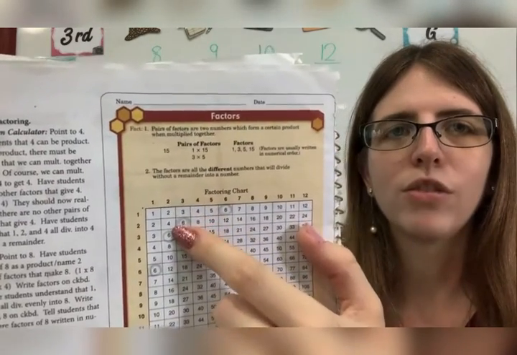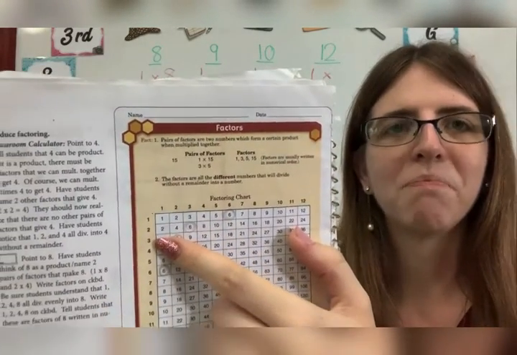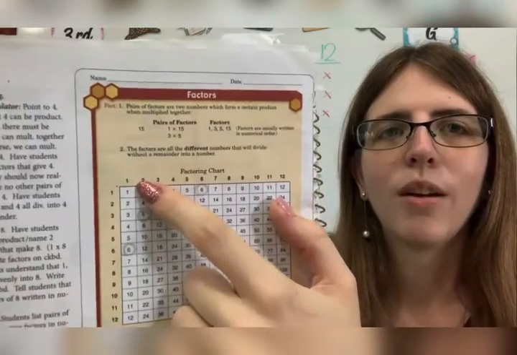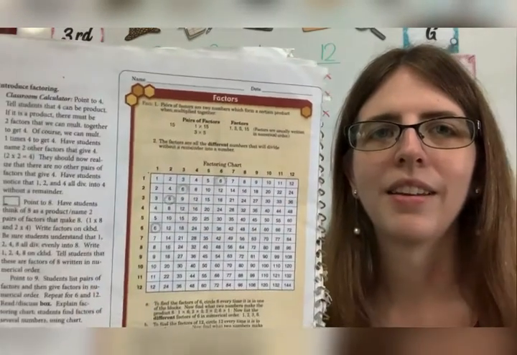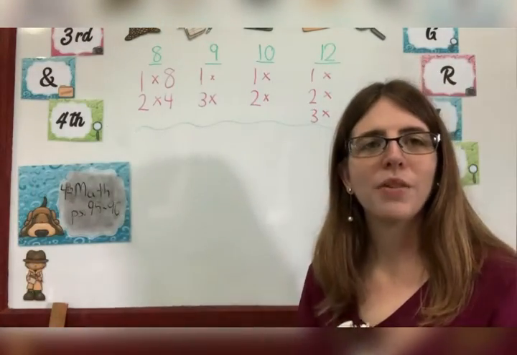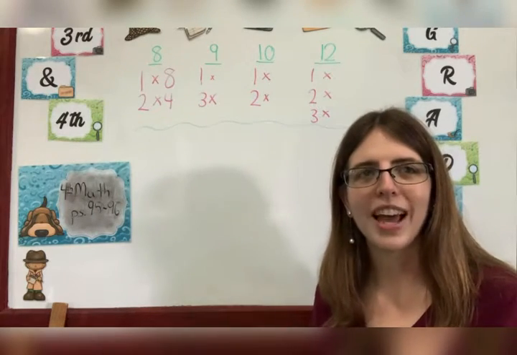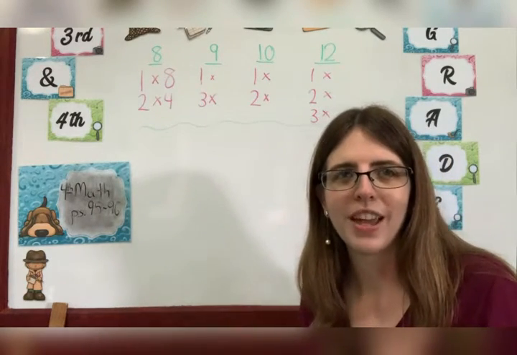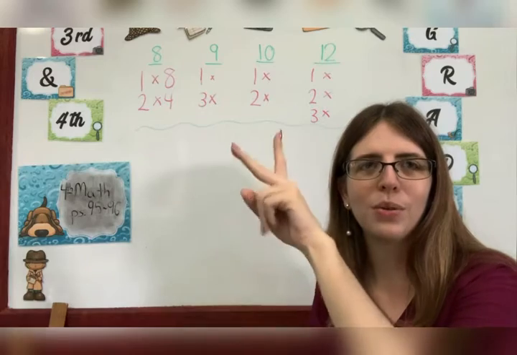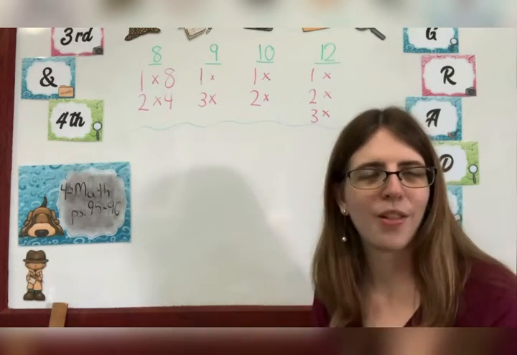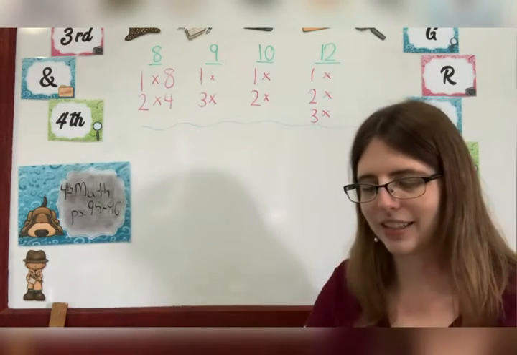Here we have 2 times 3. 2 times 3 is 6. 1 times 6. Okay, so now to list out the factors, I use all the different numbers. So it's 1, 2, 3, and 6. Those are the factors of 6.